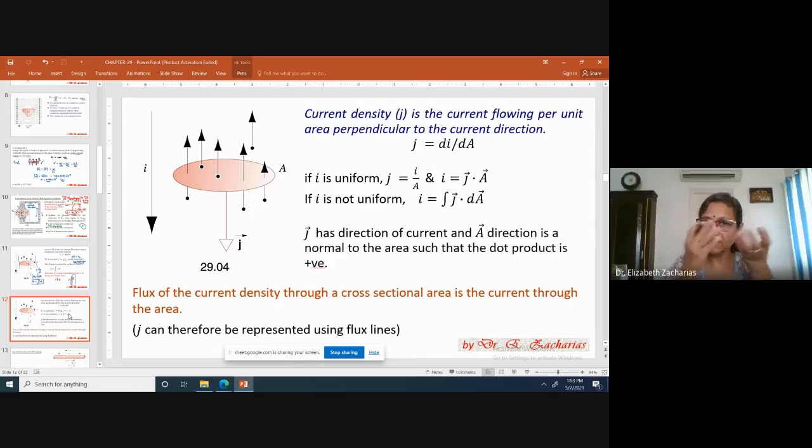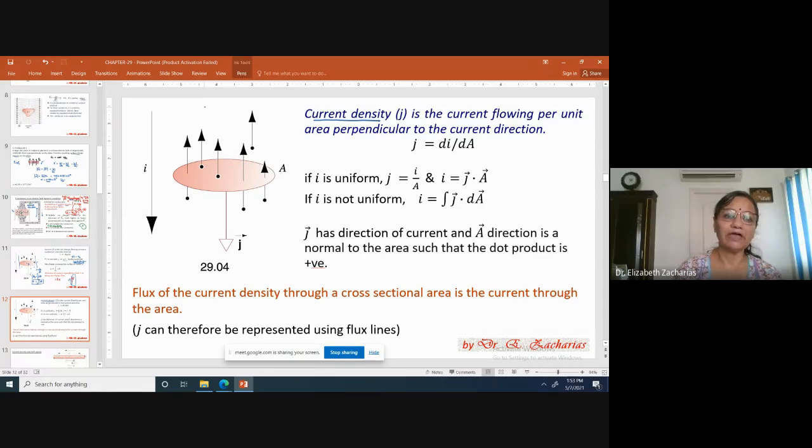So if I have to write an equation connecting these two, I need to somehow talk about a vector quantity representing the flow of charges. And that quantity which represents the flow of charges is called the current density.